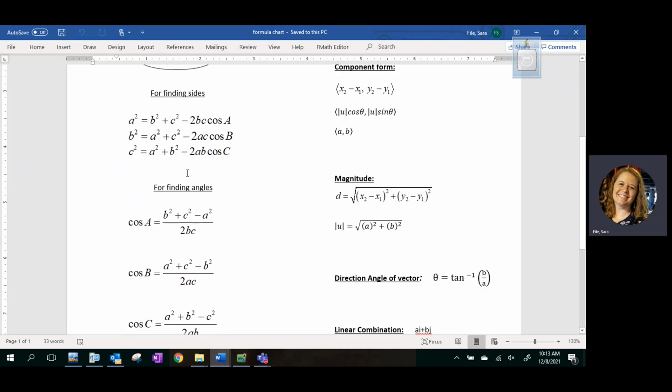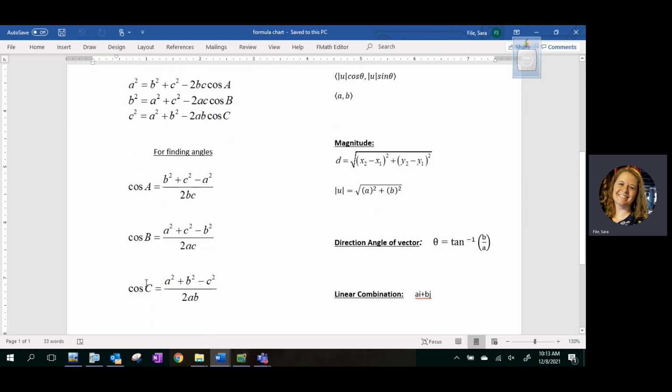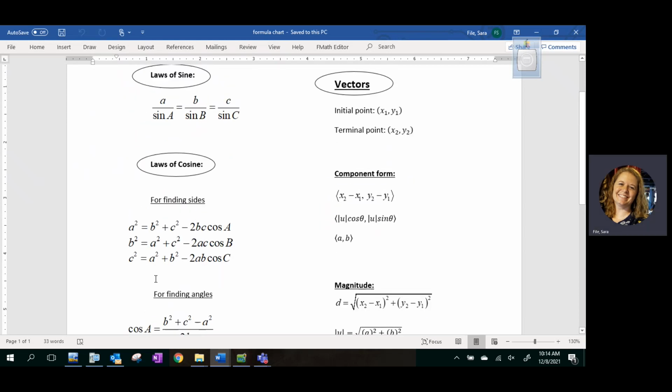You have both types of law of cosines, the ones where you're looking for a side and the ones where you're looking for an angle. And then for vectors, initial and terminal point, component form from initial and terminal point, component form from magnitude and direction, and just knowing that when it's written like that, that's component form. You have your A value and your B value.